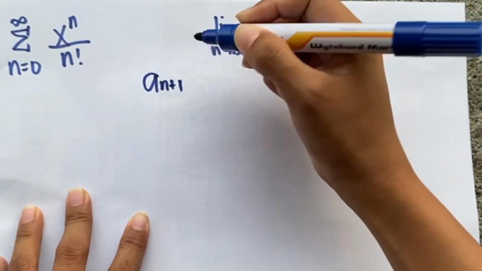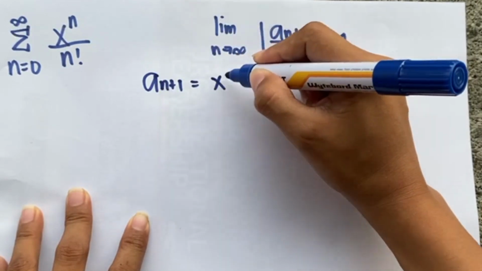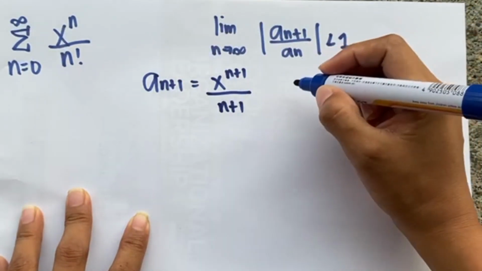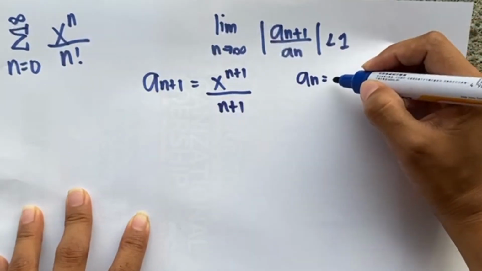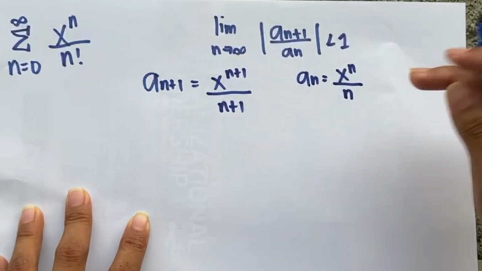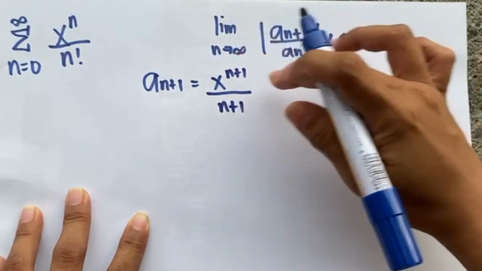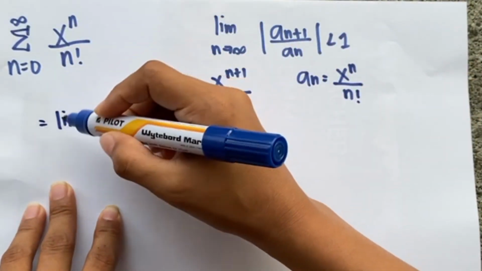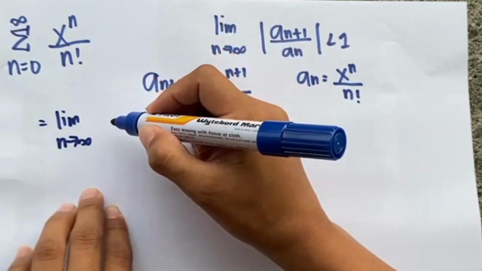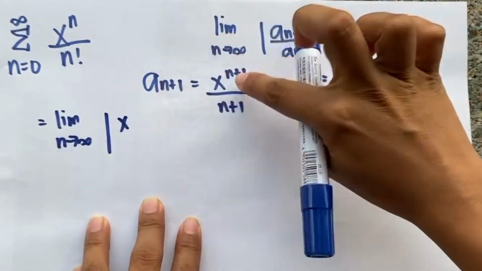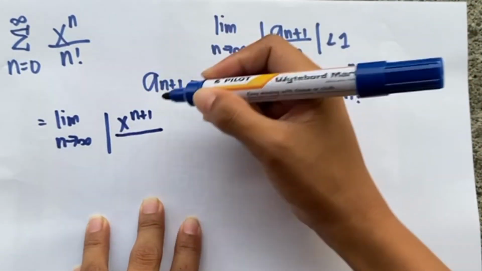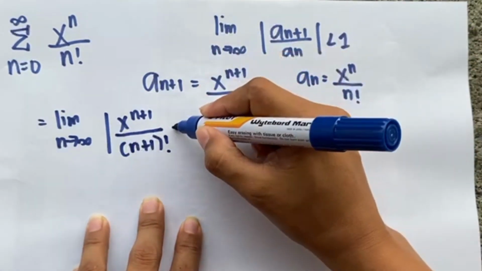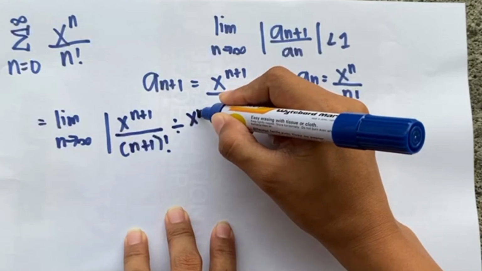A sub n plus 1 is equal to x raised to n plus 1 over n plus 1 factorial. Then a sub n is equal to x raised to n over n factorial. Then we write the limit as n goes to infinity of x raised to n plus 1 over n plus 1 factorial divided by a sub n.